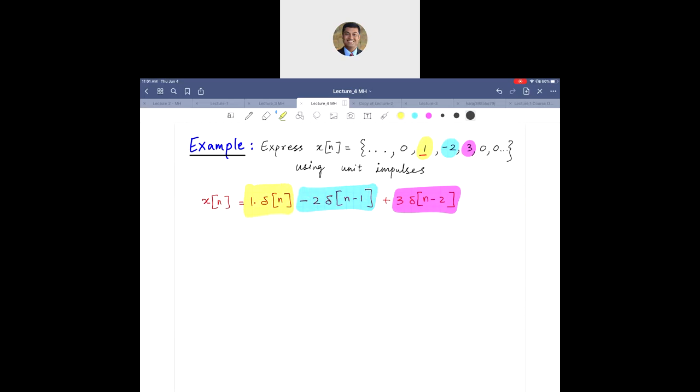And the way they look, I've got zeros everywhere. Let me move this a little bit so that we can see clearly. Then we go into at 0, I have a 1, -2.